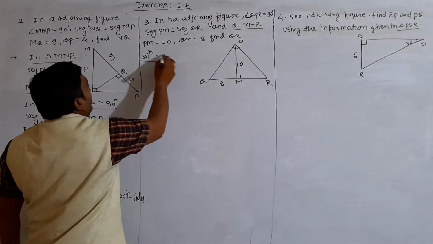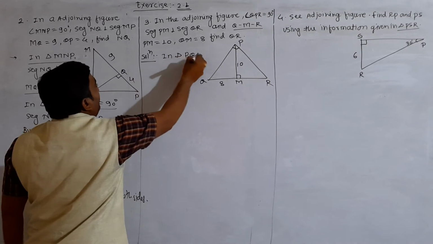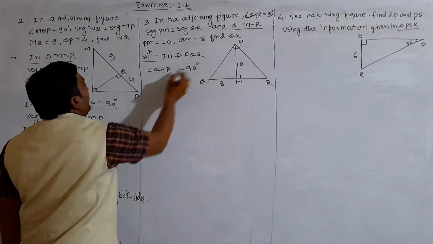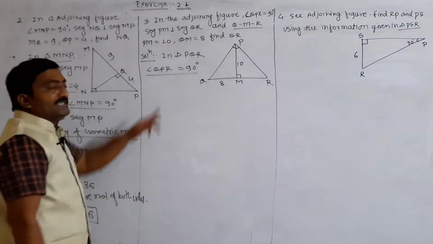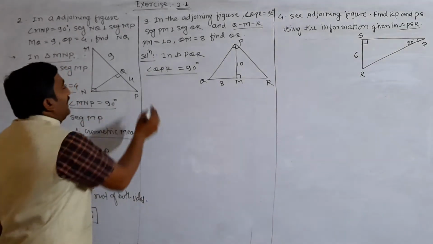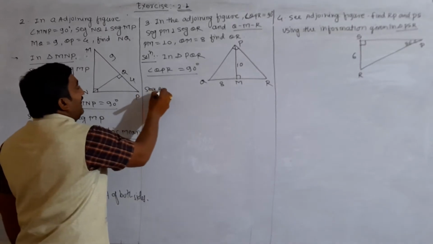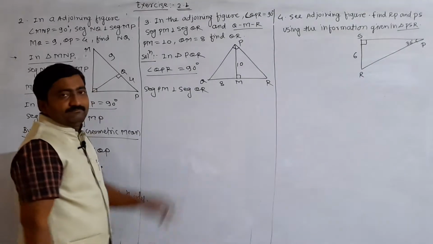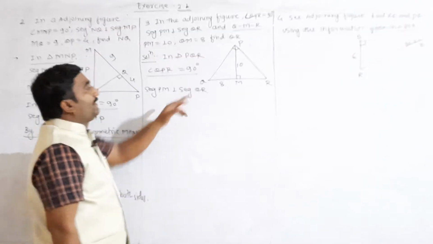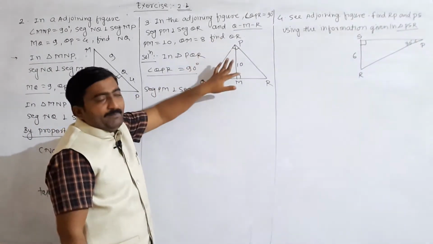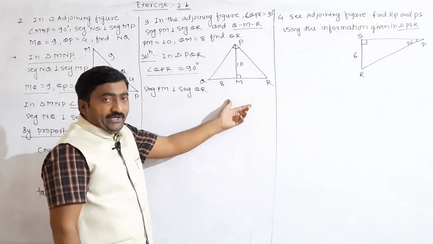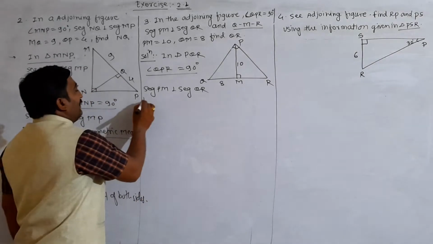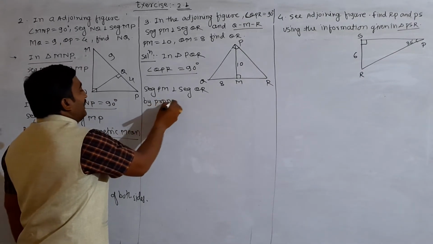So in triangle PQR, angle QPR is equal to 90 degrees, and segment PM is perpendicular to segment QR. Same: this is a right angle triangle and a perpendicular is drawn on the hypotenuse. Here also we can use the property of geometric mean.